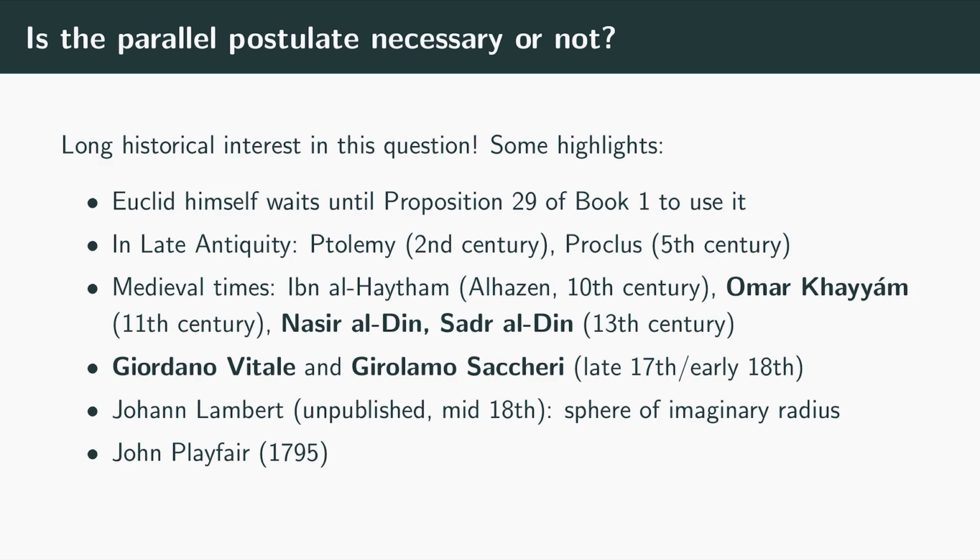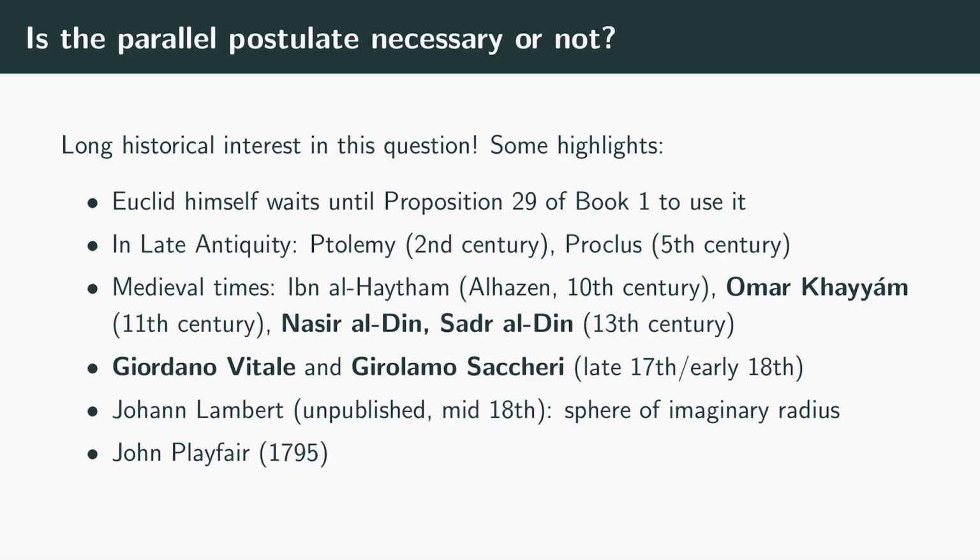Euclid didn't explicitly say anything along these lines, but if you notice the way the Elements is organized, he doesn't use the parallel postulate until proposition 29 of book 1, which means that he delayed it fairly long into the content of the Elements.